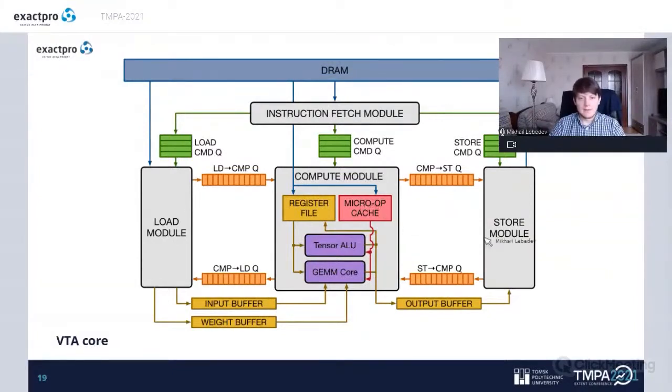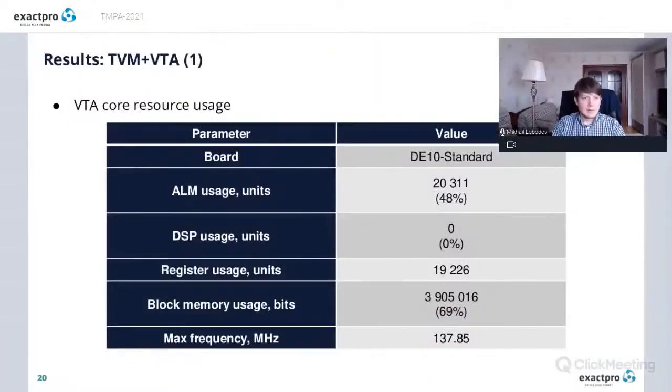And later, the store module stores the results into the memory. So here you can see the resource usage of the VTA core. Well, it's the same for all models. It's a universal core, so it's the same for all the models.